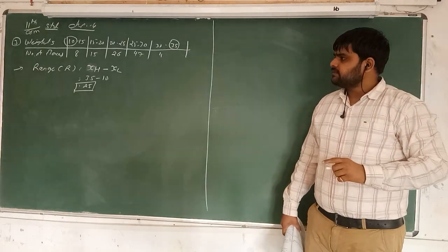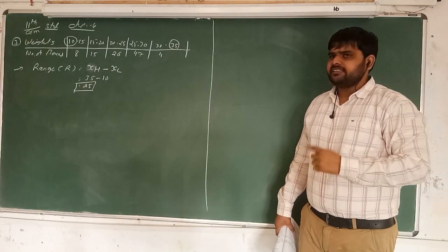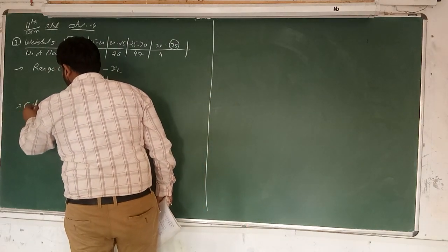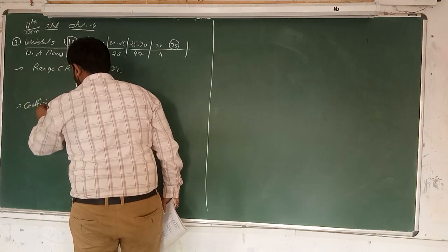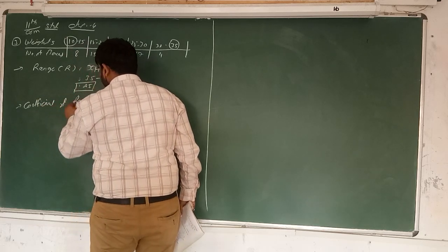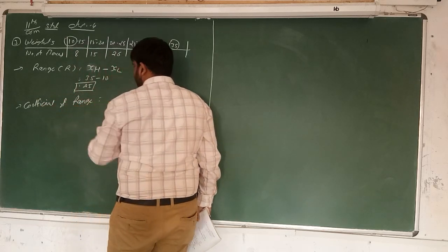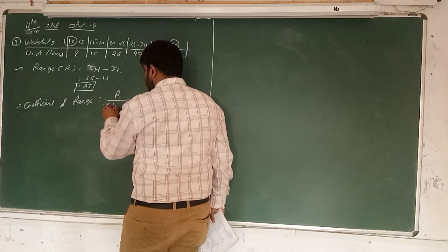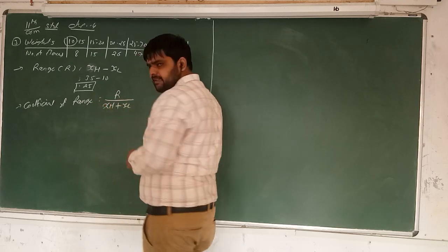Now the second one, the coefficient of range. The formula is R divided by XH plus XL.